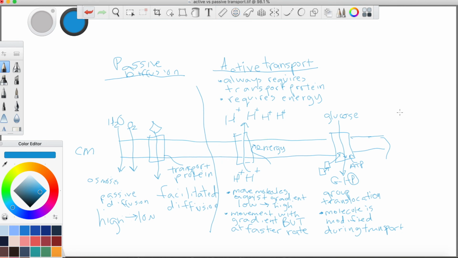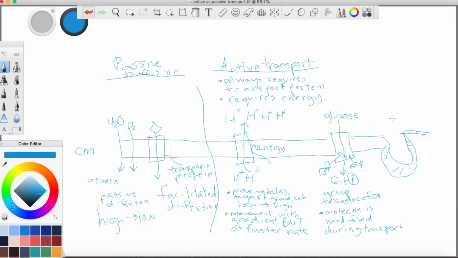Okay. Anyway, group translocation. And this last one here is where the membrane itself folds in. Sorry, that's a horrible picture. Here's the membrane.